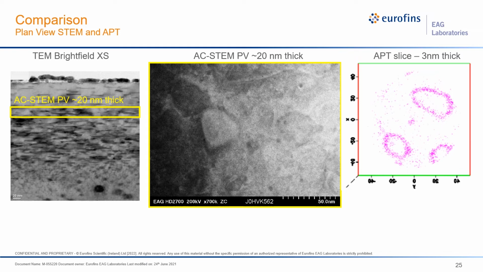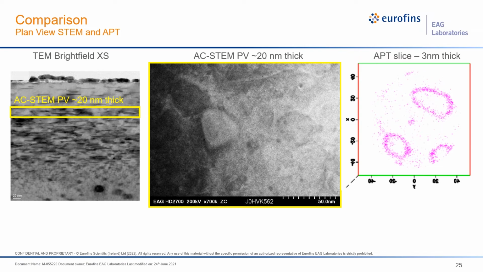And then we can understand the size a little more accurately from the plan view AC STEM work itself. So using multiple techniques together is really the way to get the full picture of what's going on in your sample. Ultimately these two agree well, and we agree that the magnesium accumulates at the fringes of these planar defects.